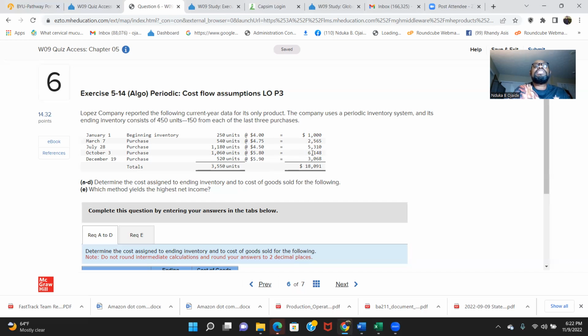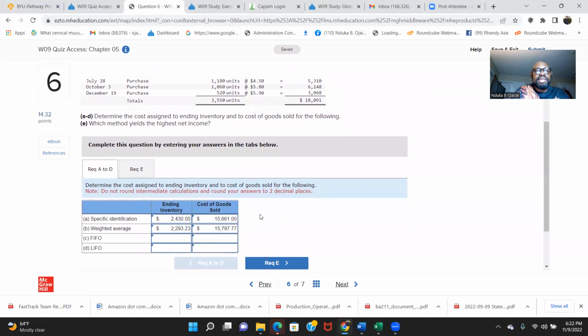So if you calculate all of it together, for FIFO, you're going to get a costing of 15,436 dollars. That's what you're going to get here.